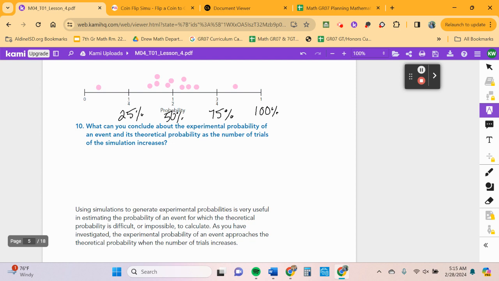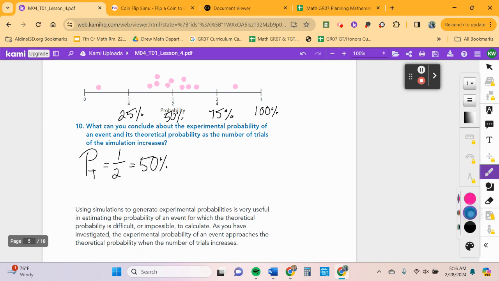All right, but now I want you to answer this question. What can you conclude about the experimental probability of an event and its theoretical probability as the number of trials increased? So remember our theoretical probability, what we thought would happen, was 1/2 or 50%.